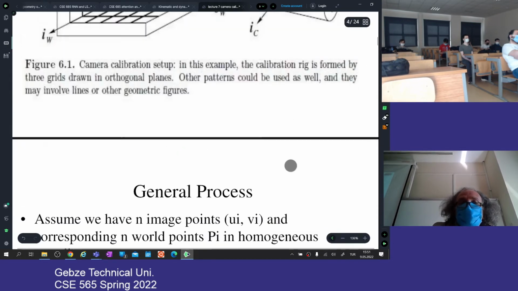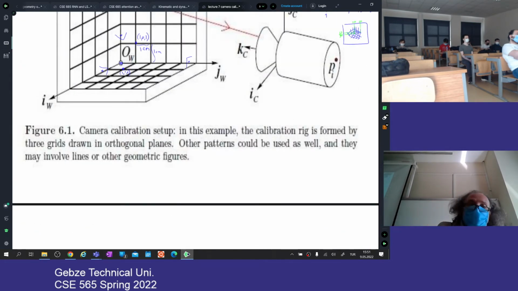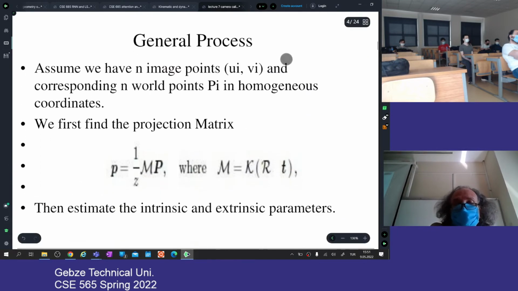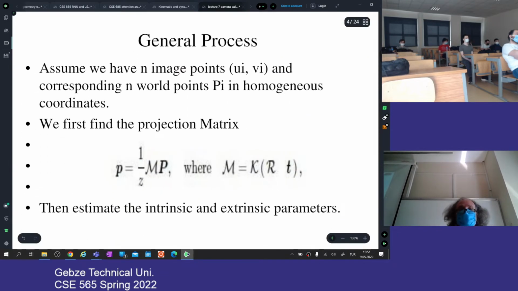Let's look at how to get this matrix M first. Assume you have n image points, ui and vi, and corresponding n world points in homogeneous coordinates. I can write M as this one. Then after estimating this, we are going to estimate the intrinsic and extrinsic parameters, which are these.